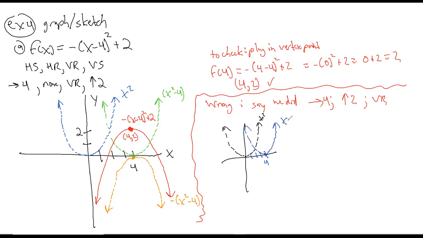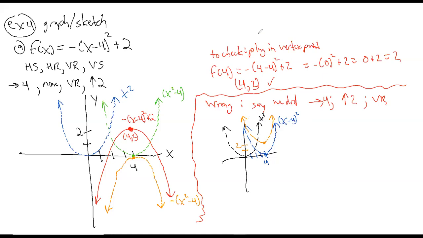So that would be x minus 4 squared. Then I'm going to do this up 2. Things are getting a little squished, so I'm going to stop writing what this is. But that would be parentheses x minus 4, close it, and square it, and then adding the 2.